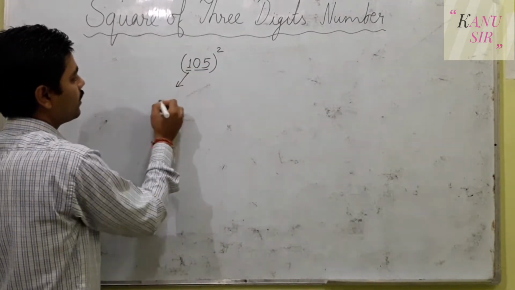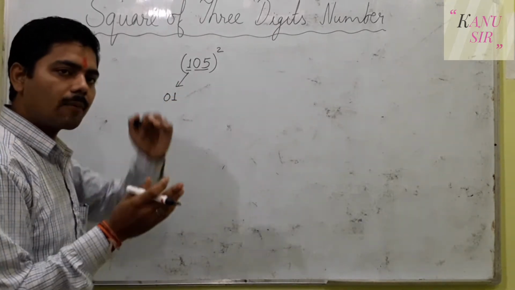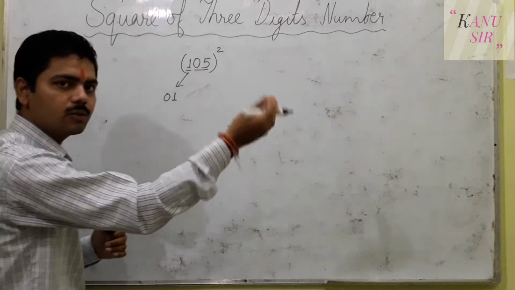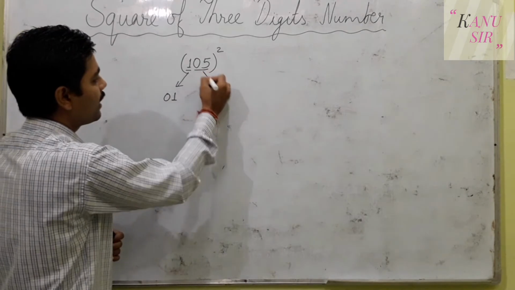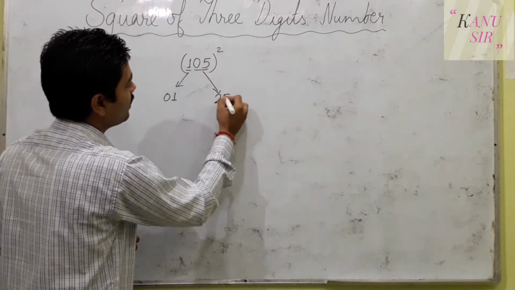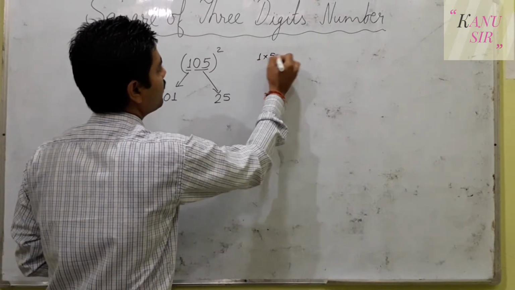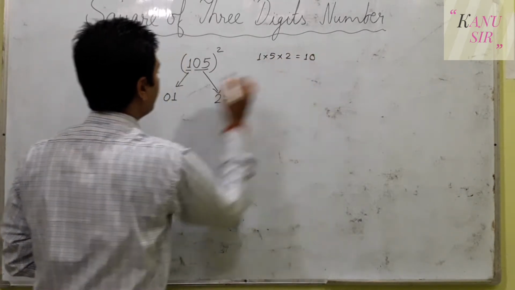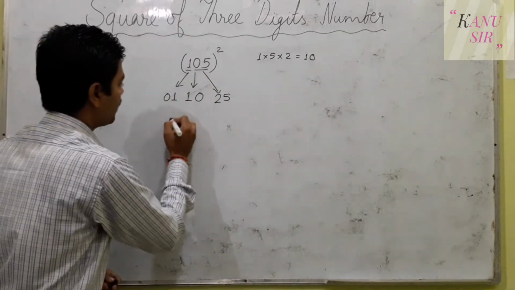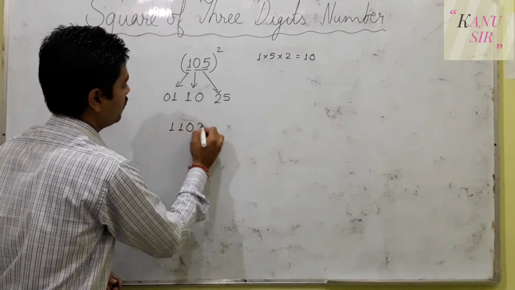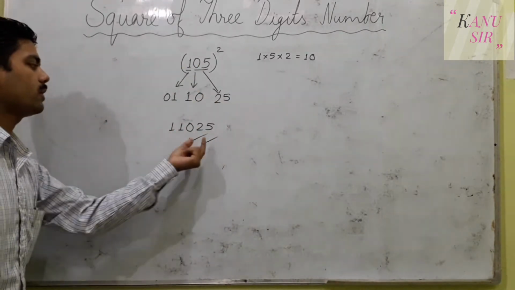The square of 1 becomes 01, and as I said, in a three-digit number we have to drop two digits. In a two-digit number we drop one digit, but here we are going to drop two digits. The square of 5 is 25, and the product of 1, 5 and 2 gives 10 here. So the answer is 11025. The square of 105 is 11,025.